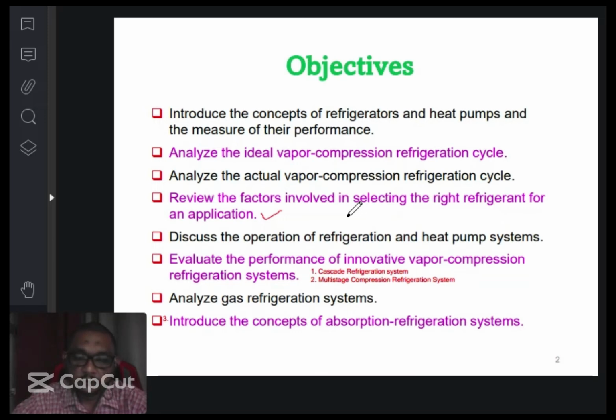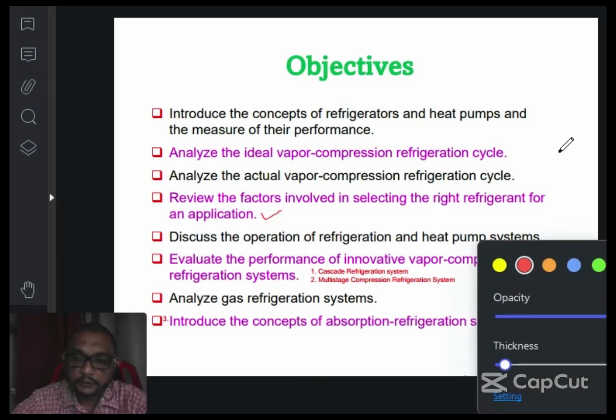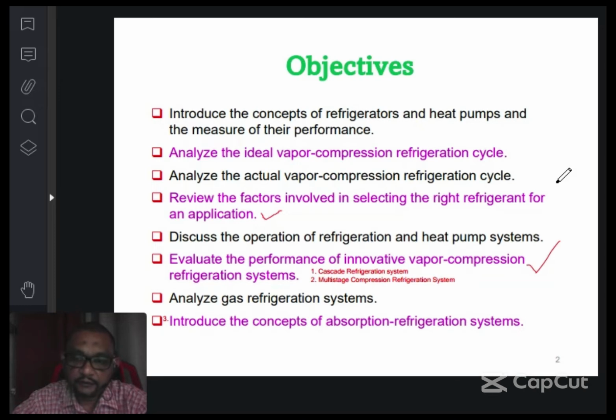Number two, you must be able to evaluate the performance of innovative vapor compression refrigeration systems. There are three modifications that we will see and learn in this subtopic of innovative vapor compression refrigeration system.